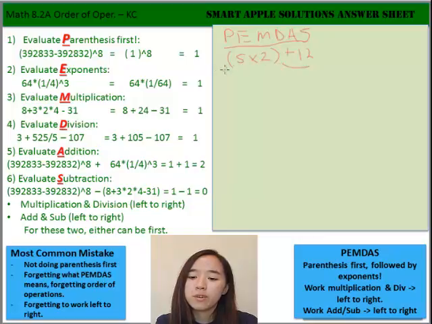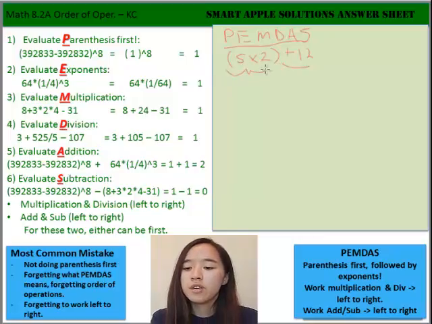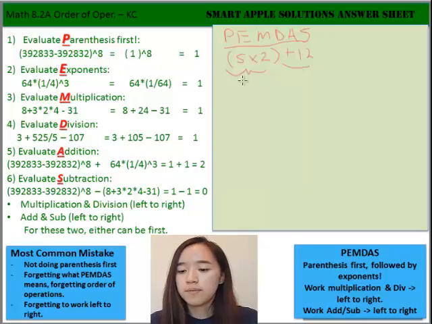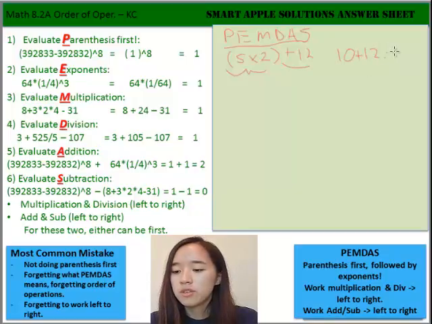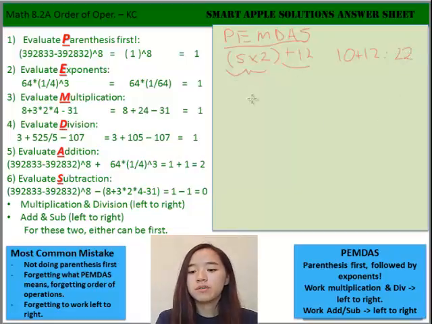We need to work what's in the parentheses first. So 5 times 2 is 10. So now we have 10 plus 12. Now we can use addition and get our answer, which would be 22. So that's an example of using PEMDAS for parentheses.